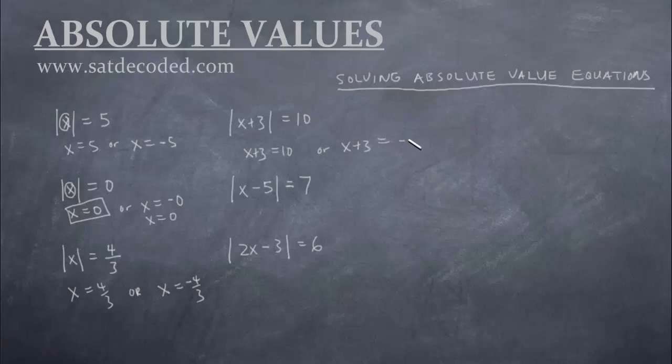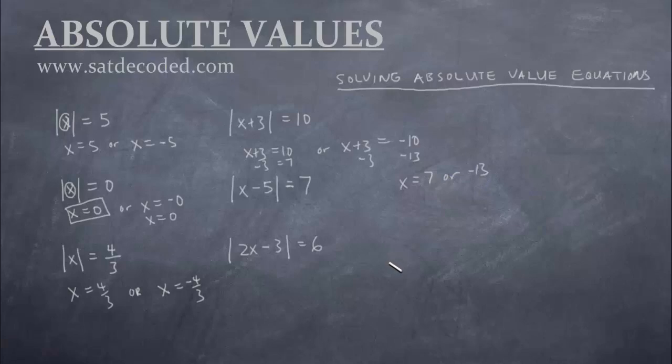So you add the negative sign right here, becomes negative 10. And then you go ahead and you just solve this. So x plus 3 equals 10. So we subtract 3 from both sides. So that becomes 7. So x equals 7. And this side, if we subtract 3 from both sides, we get negative 13. So we get x equals 7 or negative 13.